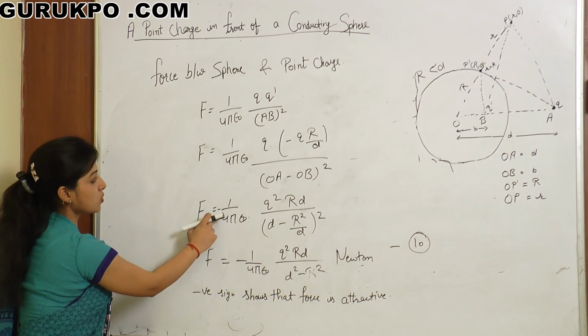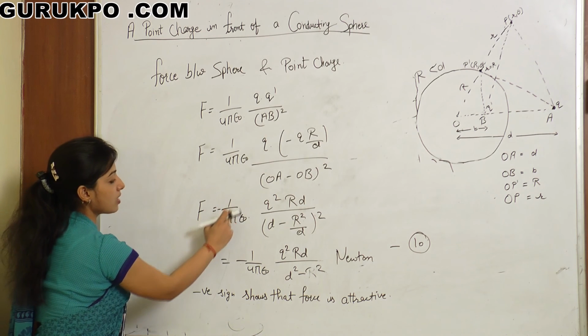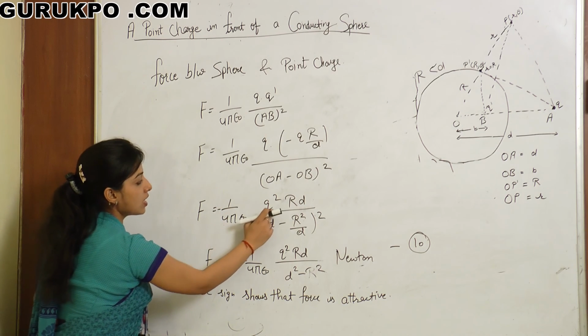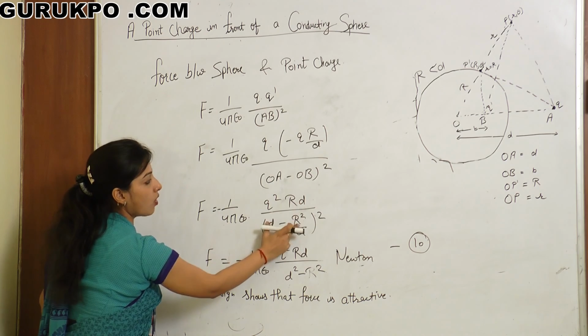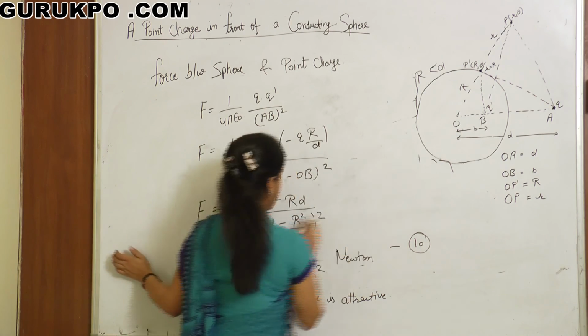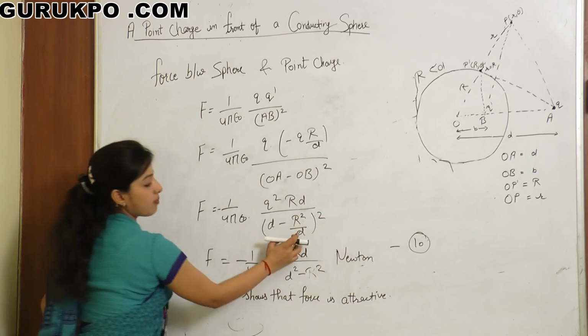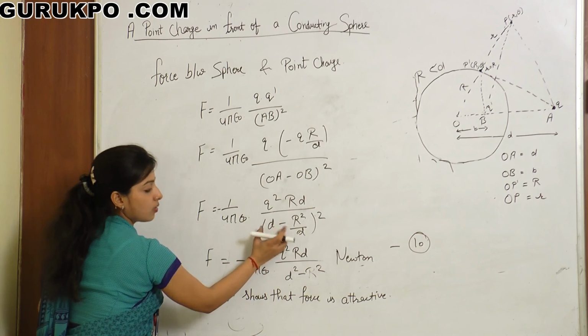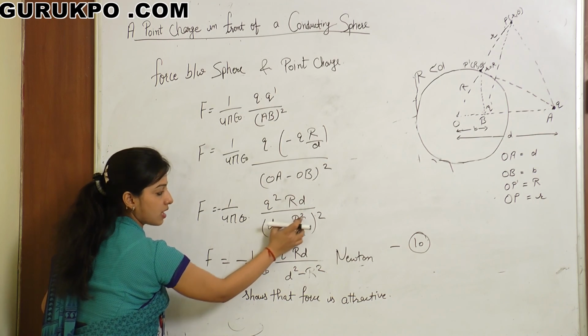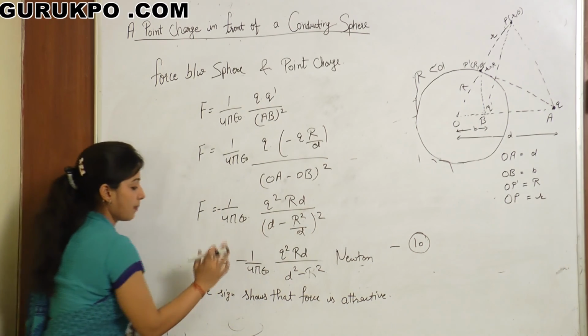Then F equals minus 1 upon 4 pi epsilon naught Q square into R d upon (OA minus OB) whole square, where OA equals d and OB equals R square upon d, that is (d minus R square upon d) whole square.